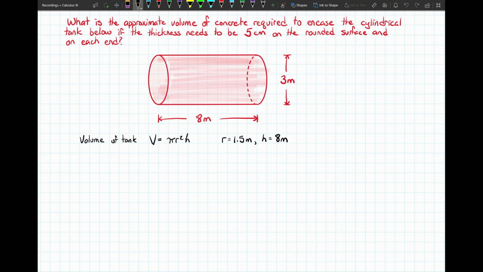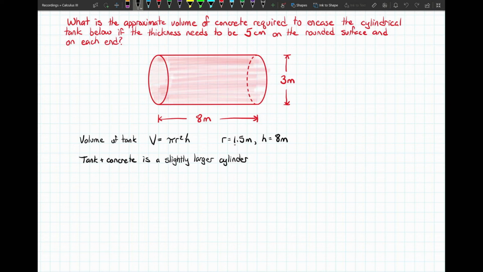If we have finished pouring the concrete, then we should end up with a new cylinder that's larger than the original. Just taking the volume of the tank plus the concrete is going to also fit the same formula, V equals pi r squared h, but r is going to increase a little bit.